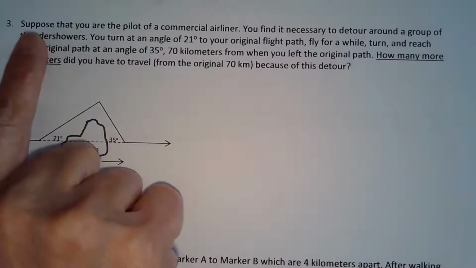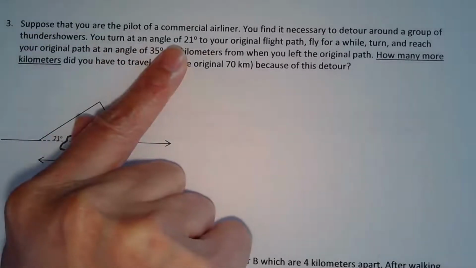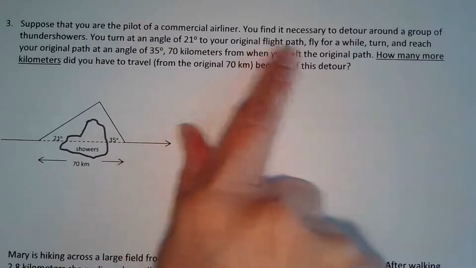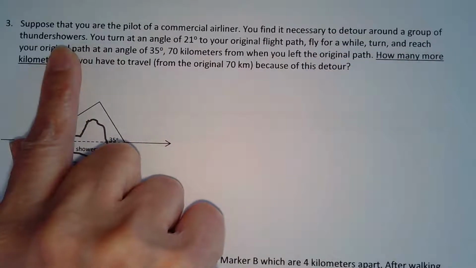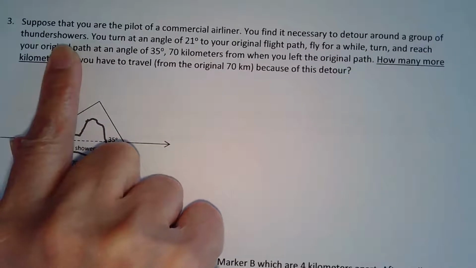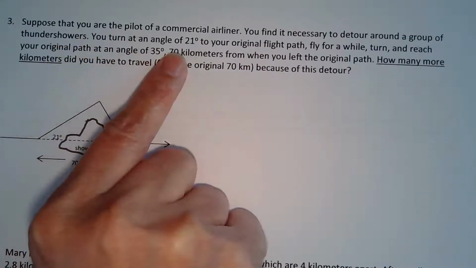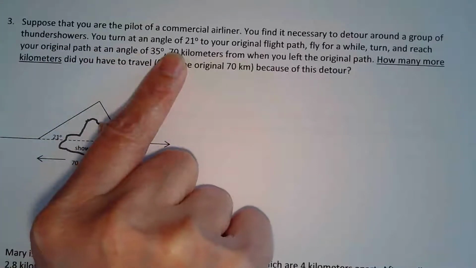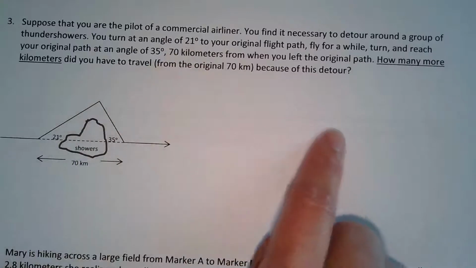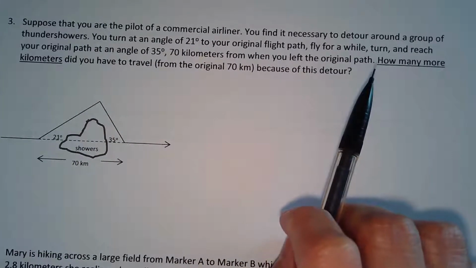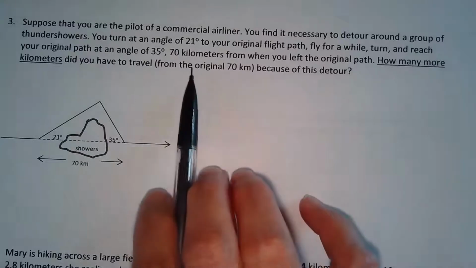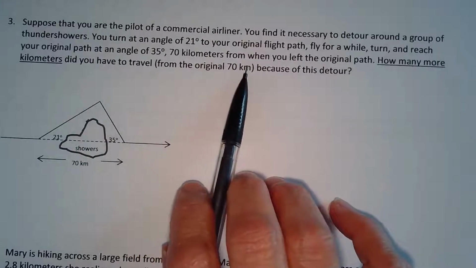It says, suppose that you are the pilot of a commercial airliner. You find it necessary to detour around a group of thunder showers, clouds. You turn at an angle of 21 degrees to your original flight path, fly for a while, then turn and reach your original path at an angle of 35 degrees, 70 kilometers from where you left the original path.